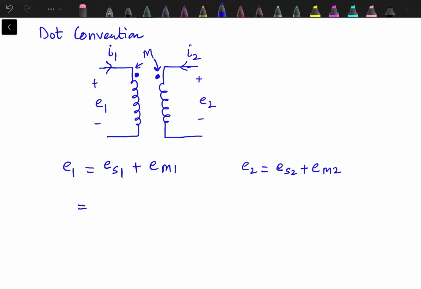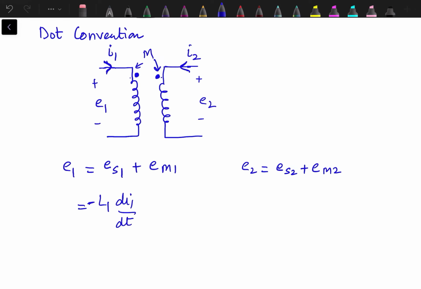We can write the self-induced EMF for the first coil as L1 di1 by dt, with a negative sign overall. Then the mutually induced EMF. This mutually induced EMF will be in the same direction as the self-induced EMF if both the currents I1 and I2 are entering the dotted terminal of the mutually coupled circuit.